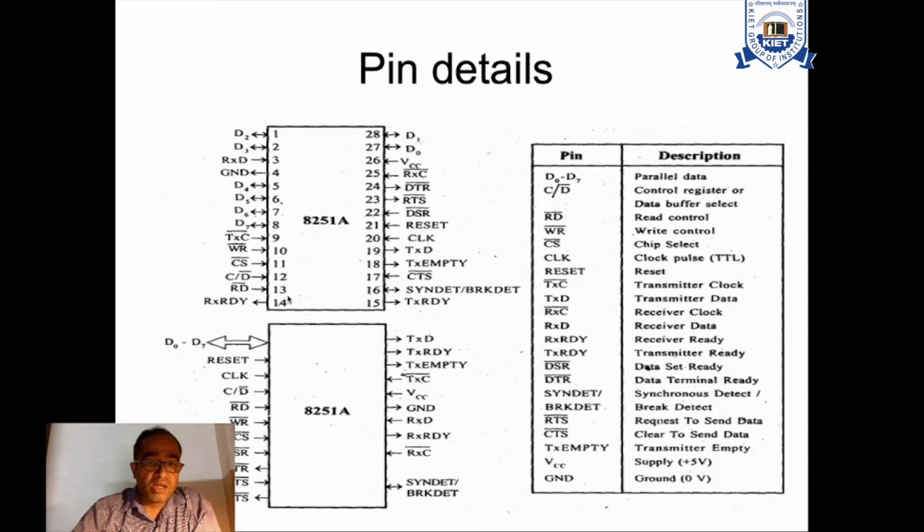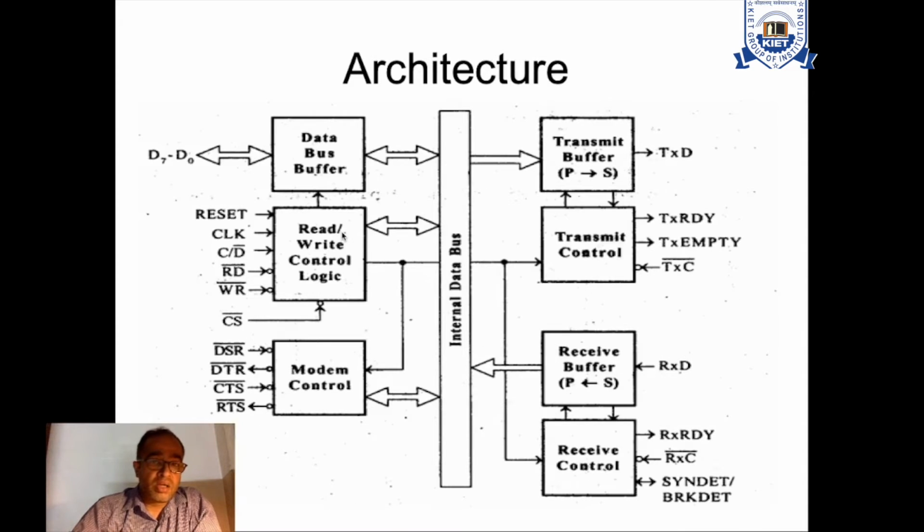So these are the names of the pins which are there in 8251A. We'll be discussing the details of every pin in the block diagram. Now this is the block diagram of the architecture of 8251.